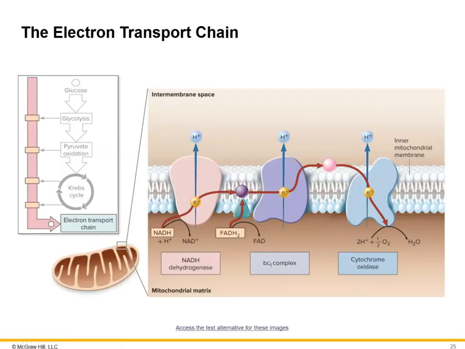Let's look at that here. So, brief overview. Glucose was turned into pyruvate in glycolysis. It was oxidized as it entered the mitochondria where there is oxygen. The Krebs cycle produced NADH and FADH2. All of the NADH and FADH2 made in every step of this process are fed to the electron transport chain in the mitochondrial membrane.